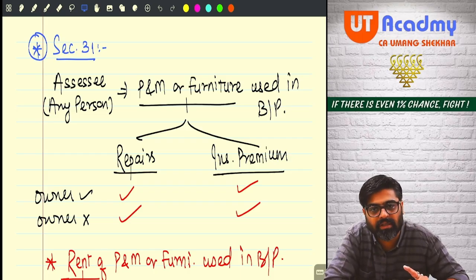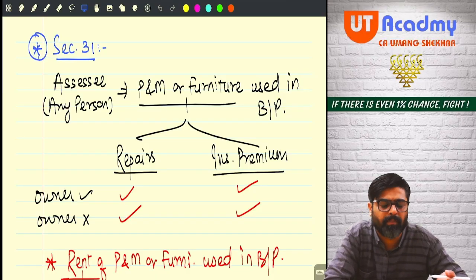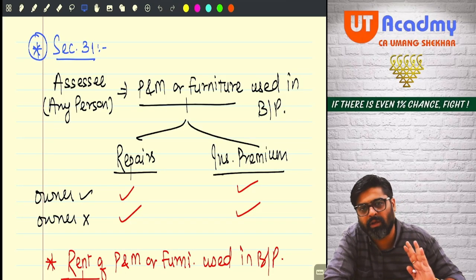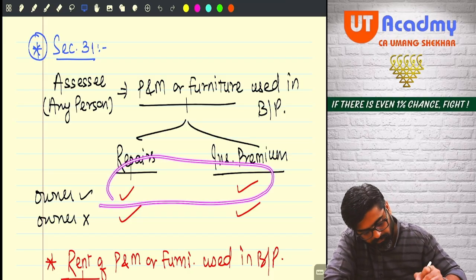Because of section 31, you can claim these 2 deductions. Deduction for these 2 expenses only: repairs and insurance premium. Whether this plant and machinery or furniture is actually owned by you or not will not make any difference. You have owned the plant and machinery and furniture and are using it in your business, still it will be allowed.